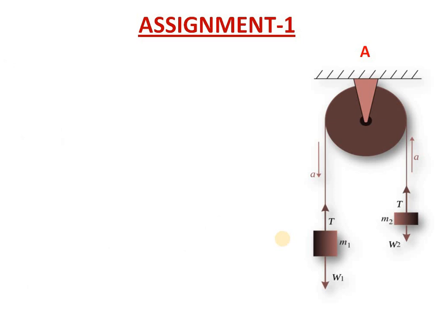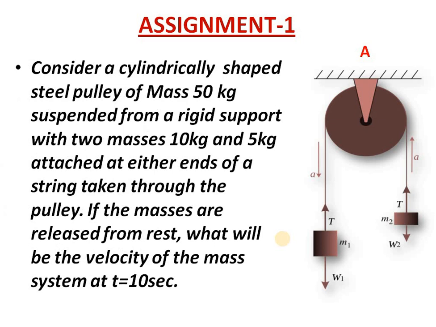We have an Atwood machine, or simply a pulley with two masses, and here is a problem based on it. Consider a cylindrically shaped steel pulley of mass 50 kg suspended from a rigid support with two masses 10 kg and 5 kg attached at either end of a string taken through the pulley.